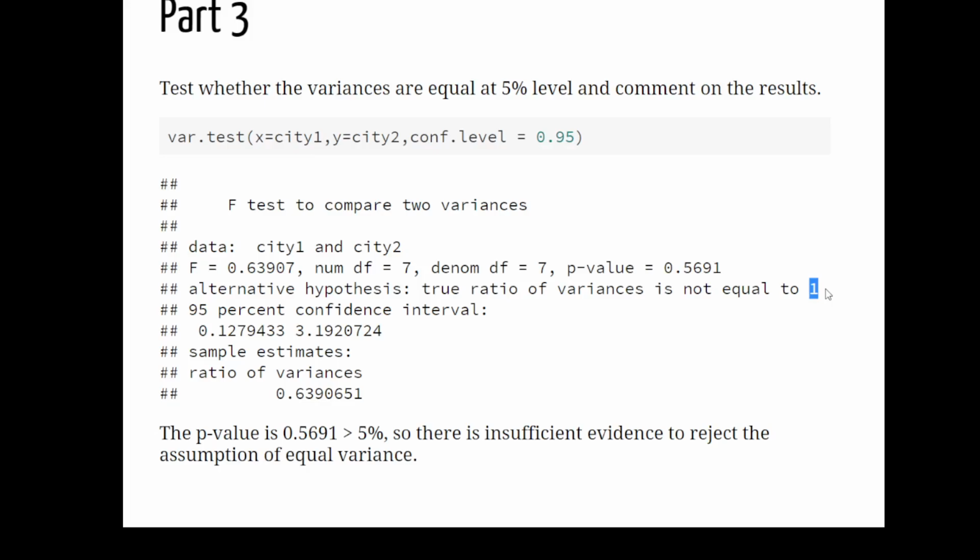If they are equal to each other, the ratio is 1, and if they're not equal to each other, the ratio is not equal to 1. So here's a confidence interval at a 95% level for the ratio of the variances: 0.1279433 and 3.1920724.